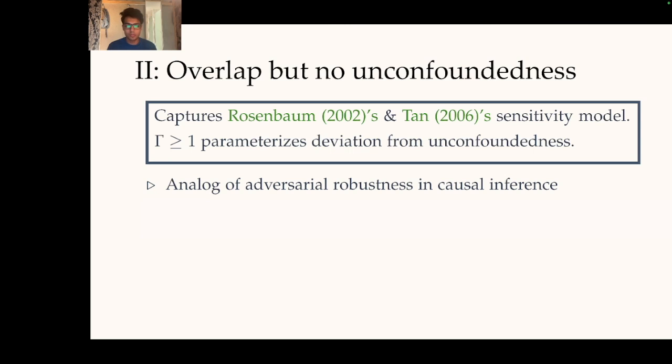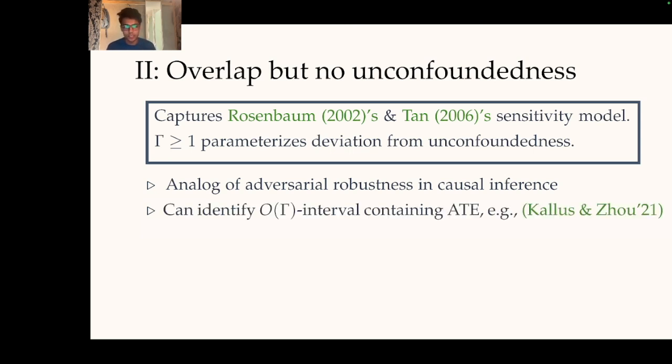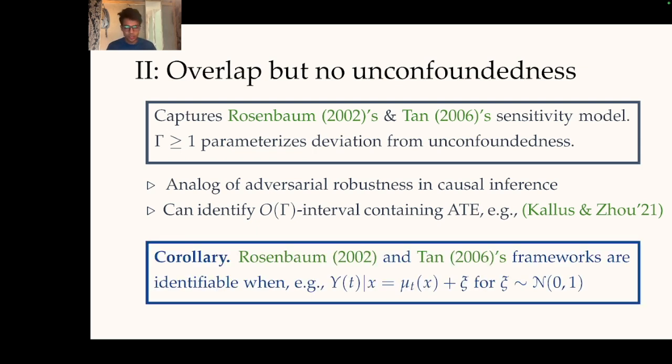Roughly speaking, this can be thought of as some analog of an adversarial model in causal inference. And here existing methods can identify the average treatment effect up to some factor that scales with gamma. In contrast, if you are willing to assume that the outcomes follow some standard outcome model, such as a generalized linear model or something slightly weaker than that, then using our techniques, you can exactly identify the average treatment effect even when gamma is very, very large.